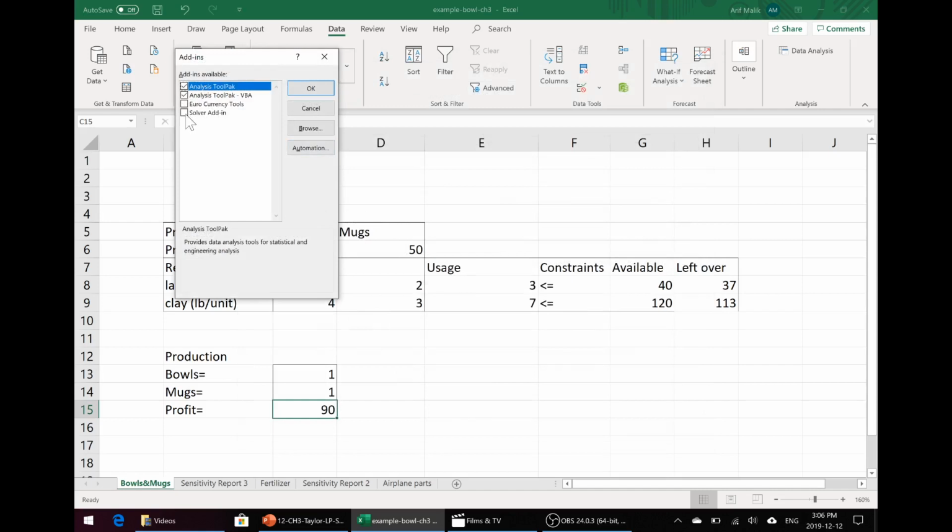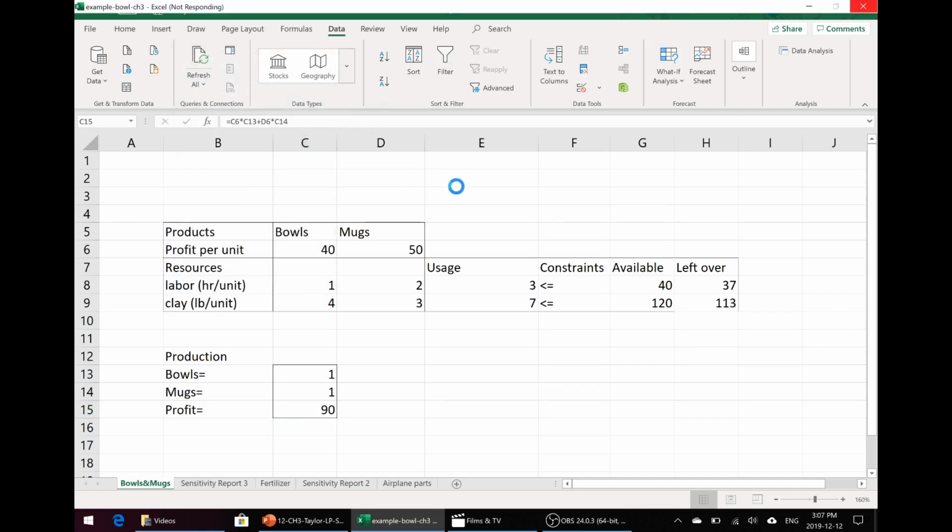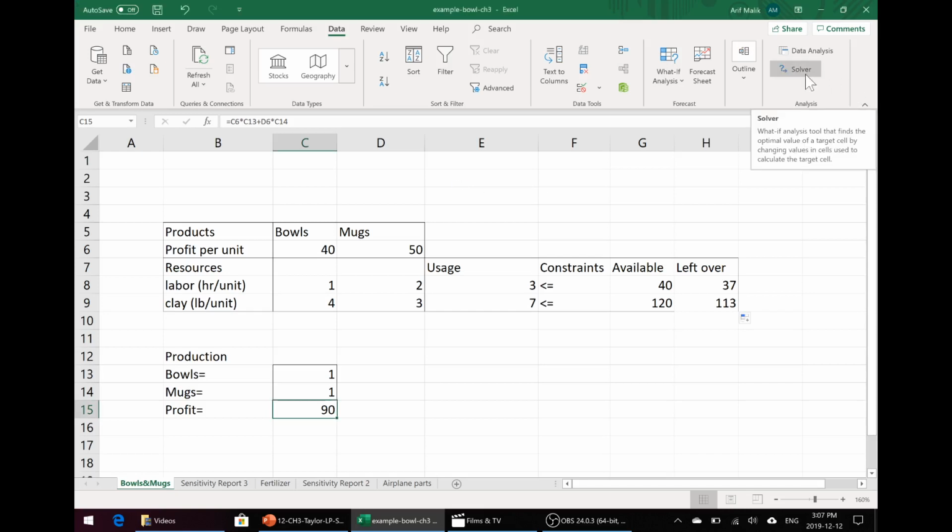We just tick this one and say OK. It's taking a little time, and we got Solver here in the analysis.